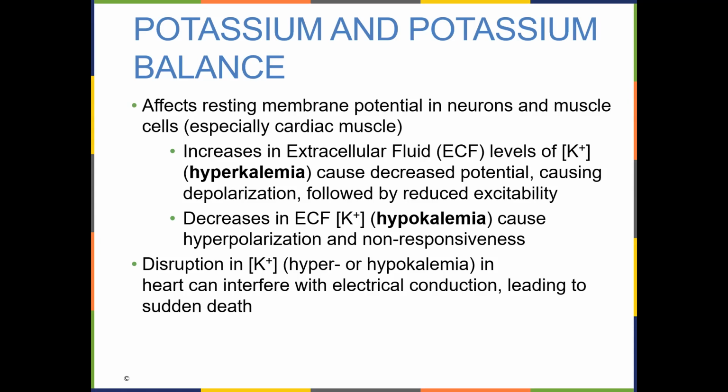On the other hand, if we have all the potassium inside, we're hyperpolarized. We're further and further away from the threshold level. And if we have too much potassium inside the cell or too much potassium outside the cell, the electrical signals running across the membrane are short-circuited. It'll stop the heart. It'll stop the heart very quickly, and we'll have sudden death.